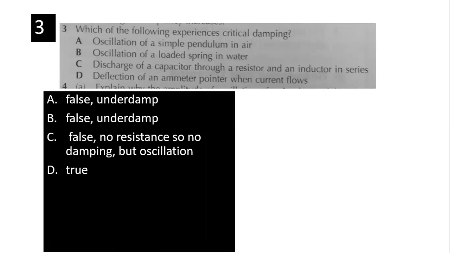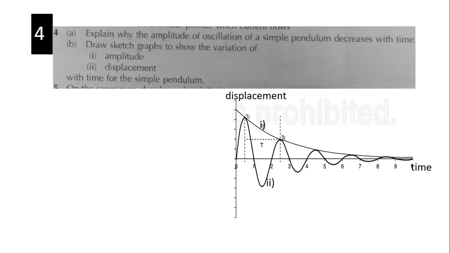The pointer is critically damped. We don't want it to oscillate. We want it to point at the value and then we read. We don't want it to oscillate for a while and then read, too long a time to read. Okay. Explain why the amplitude of the oscillation of a simple pendulum decreases with time.